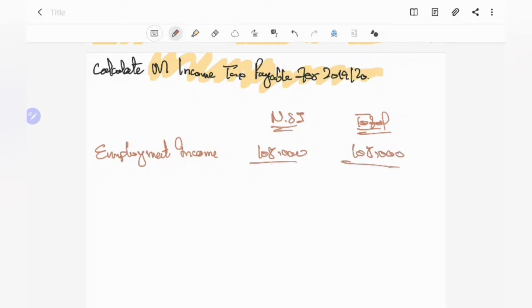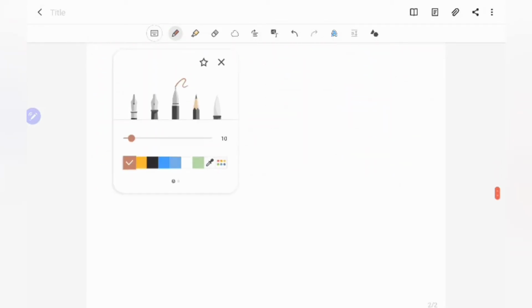Obviously our total income is also £108,000, and then £108,000, and less personal allowance working one. We have to do the working for it, so let me do the working first.